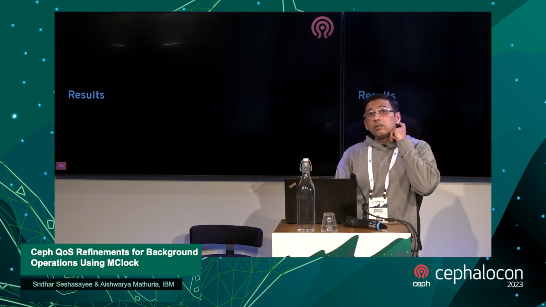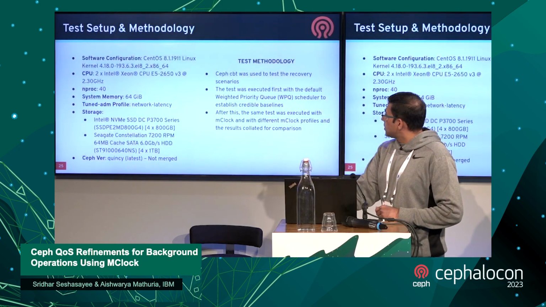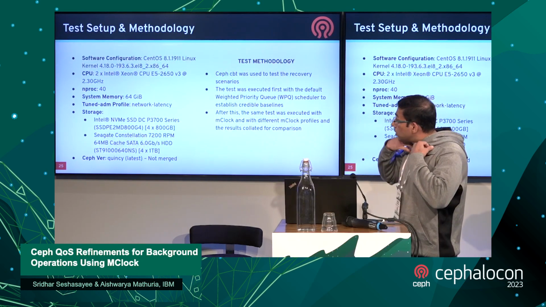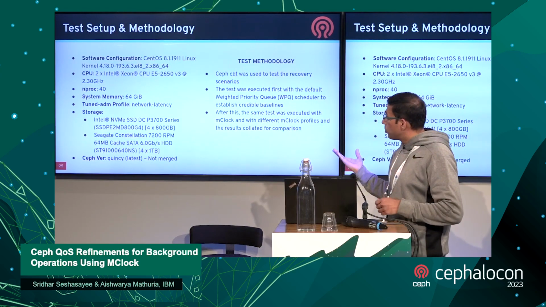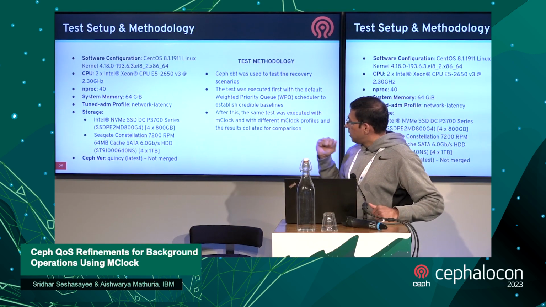So, what we did was we tested this on our internal lab setups. The result that I'm going to present was tested on a small scale, on one node with this configuration.